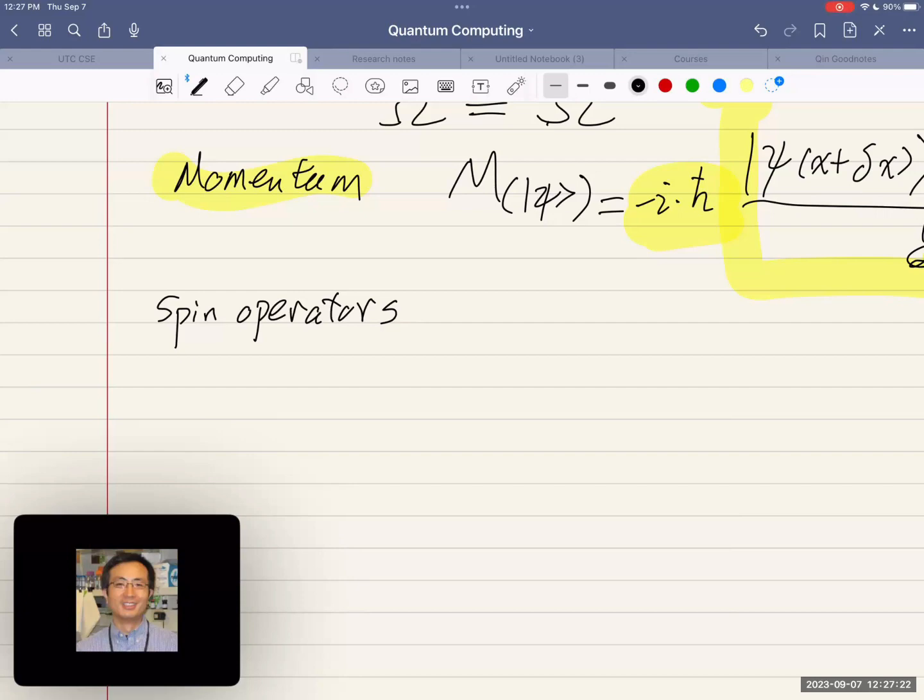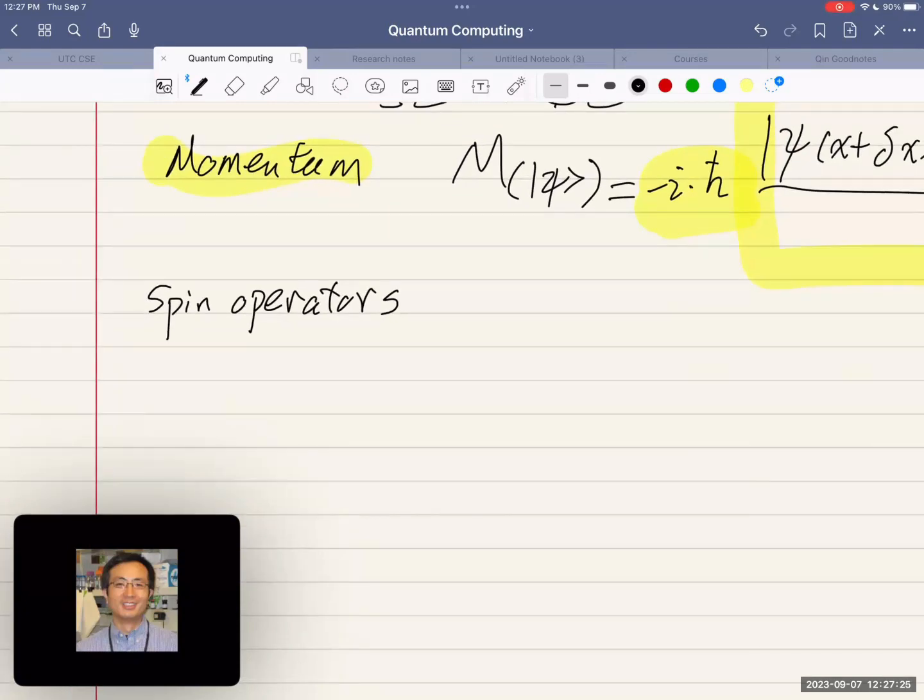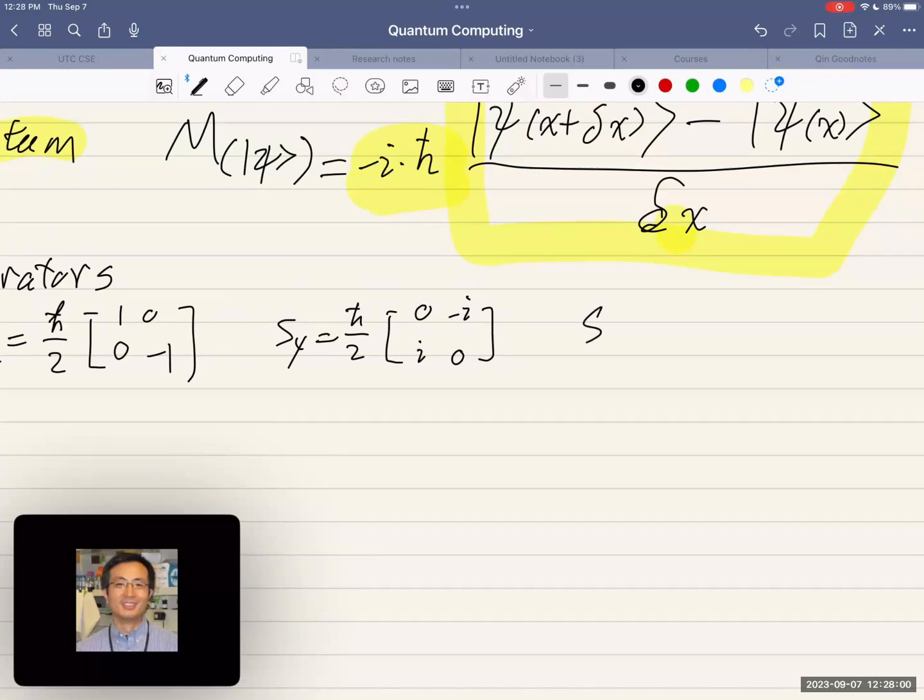So the spin operator in the book is sometimes written, for the z direction, as h bar over 2 times a matrix.